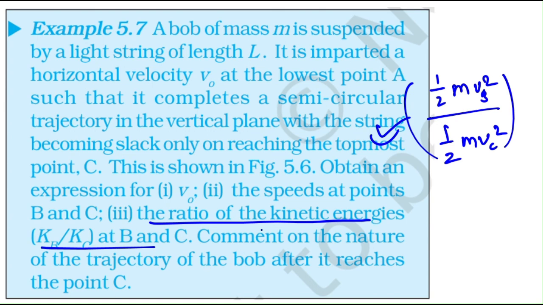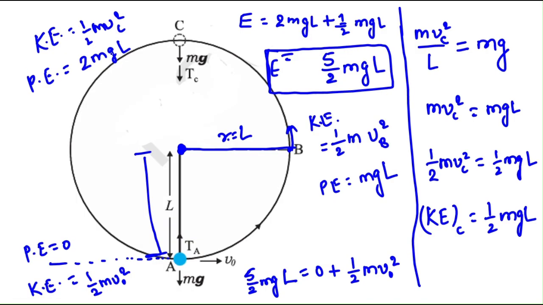Now, comment on the nature of the trajectory. Now, from here, if it is at its highest point here, and if this bob has some velocity v_c, it will continue its circular trajectory. And there is a special case. What happens if this string breaks here? So if this string breaks here, this bob is now free, and it is now acting like a projectile body.